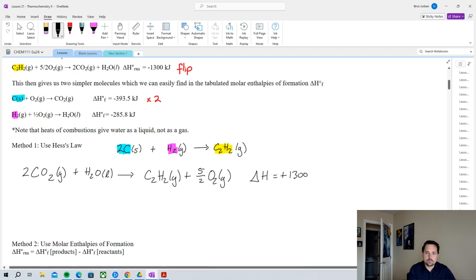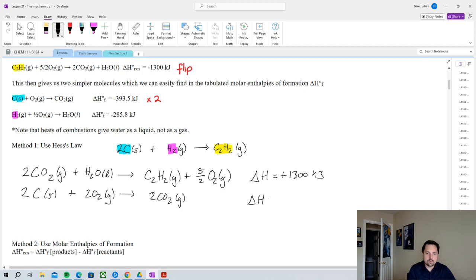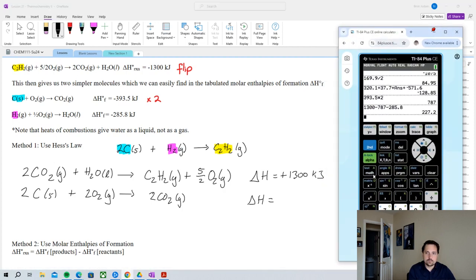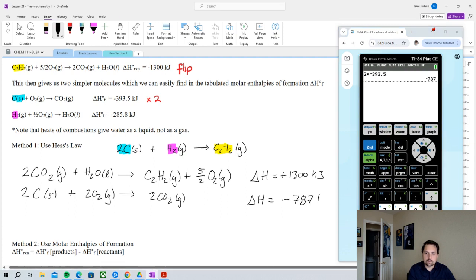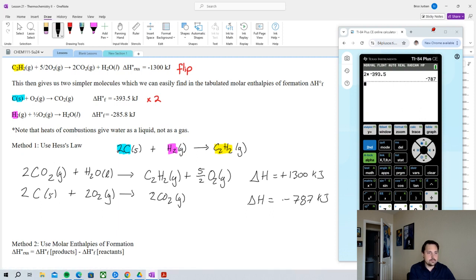And then we'll multiply the second one. And then for the last one, hydrogen and oxygen, we're going to keep that one the same.